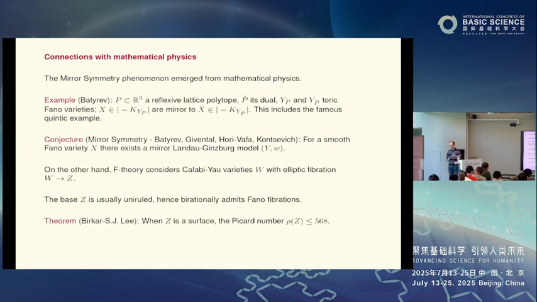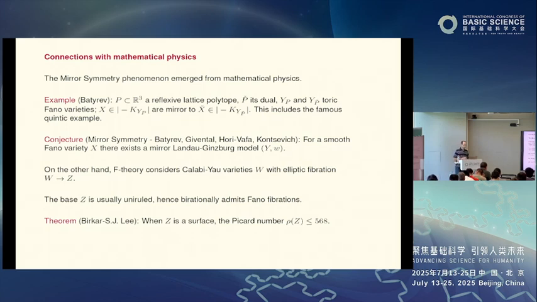Now, in the setting of purely Fanos, there is also a mirror symmetry conjecture due to many people, which says that if you have a smooth Fano variety, then there is a mirror. But the mirror is not necessarily a Fano variety. It's a so-called Landau-Ginzburg model, which in many cases is like a torus together with a function on this torus or this space.